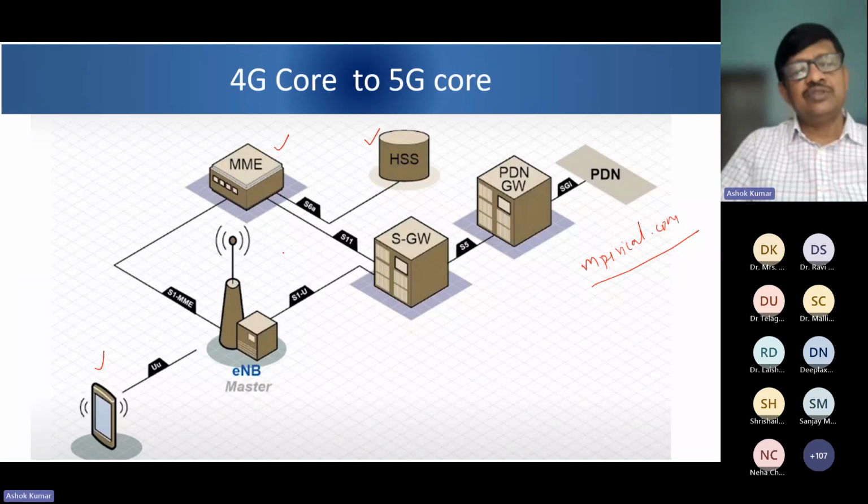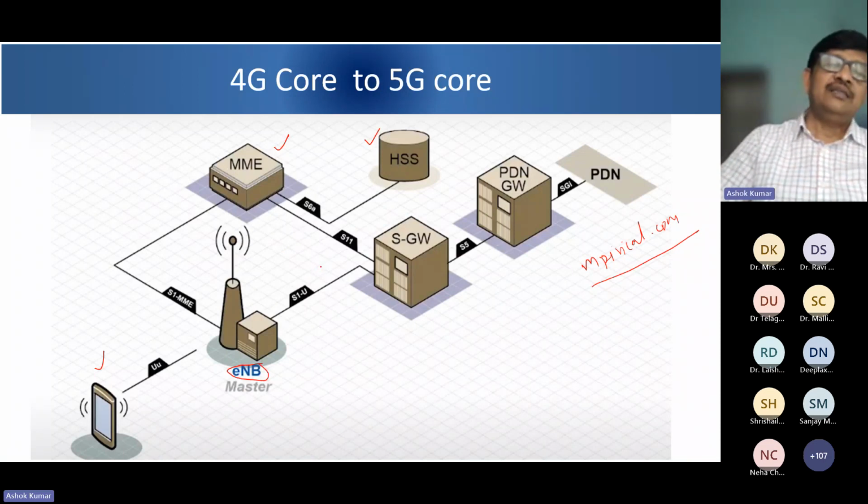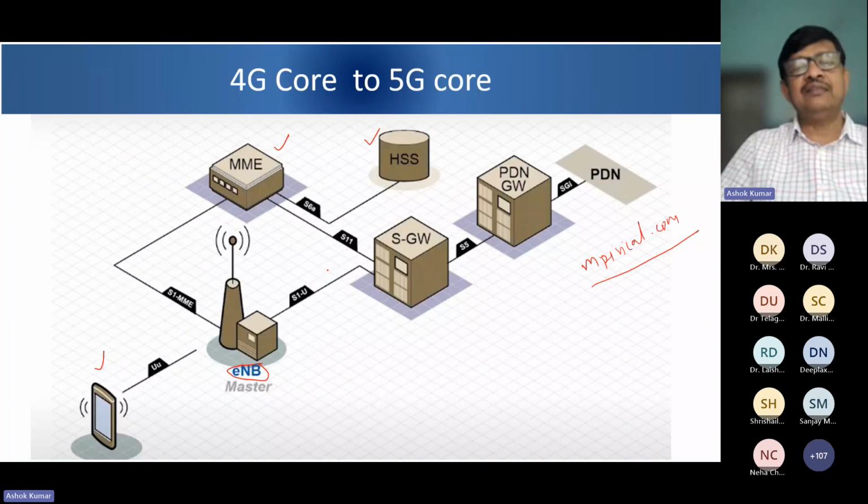The BTS in 4G is called eNode B. The user data path goes from user equipment to eNode B to serving gateway and to PDN gateway, and finally to a packet data network, which can be internet or any other service.